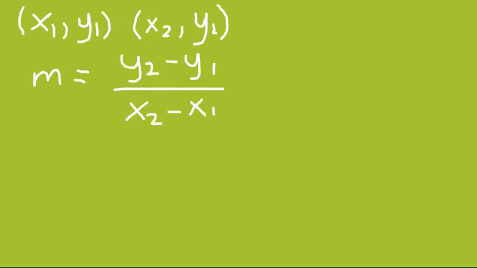So we know this slope formula. You would have seen this in algebra. Now I can manipulate this formula to obtain what I call the point slope formula for the equation of a line. And we do this by multiplying both sides by x2 minus x1.